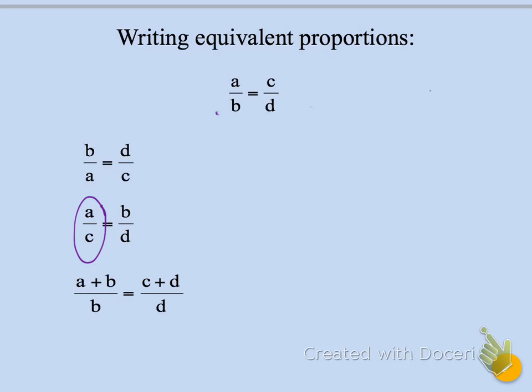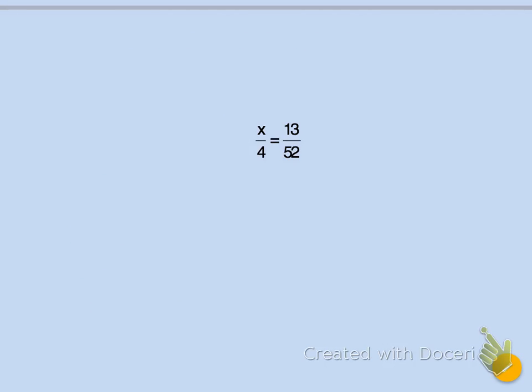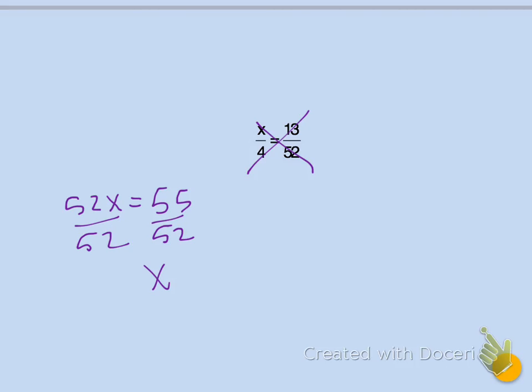And then also (a plus b) over b is equal to (c plus d) over d. If I'm trying to solve this, I'm going to cross multiply. So I got 52x is equal to 13 times 4. I've got to get x by itself, so x equals 1.